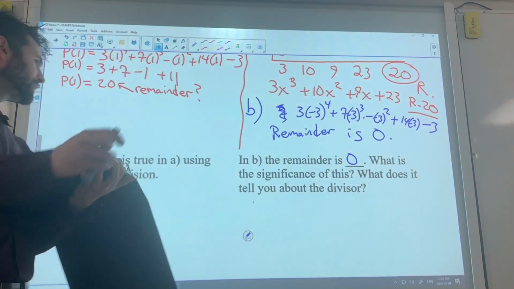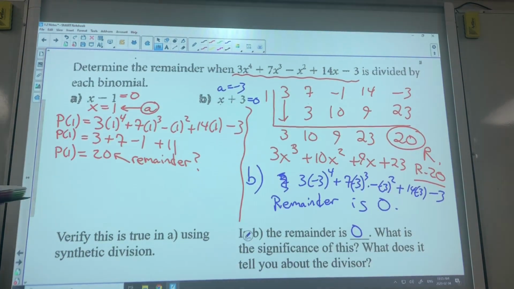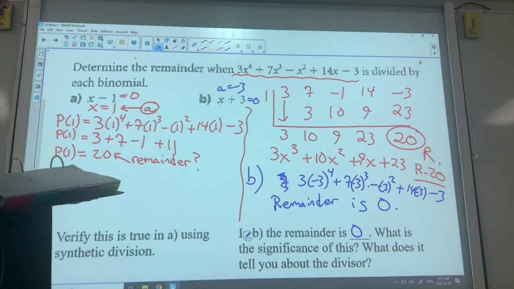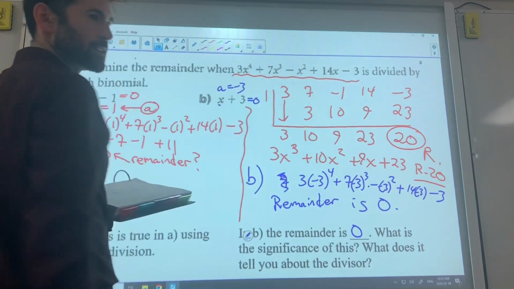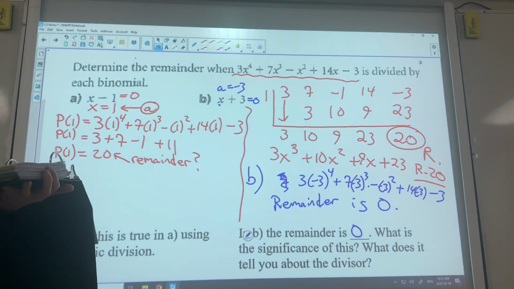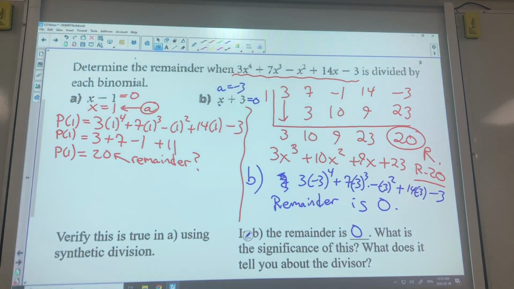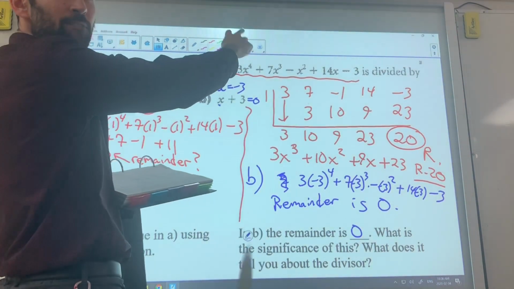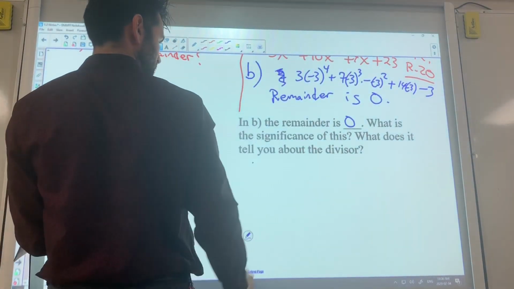But okay, in terms of if we were trying to factor this, what does it mean as far as the divisor? So the divisor x plus 3 goes into this evenly. Right? If there's no remainder, doesn't it mean that the divisor went in evenly? Yes, so what does it mean? It means that this thing is factorable. Very good. So what does this tell you about the divisor?